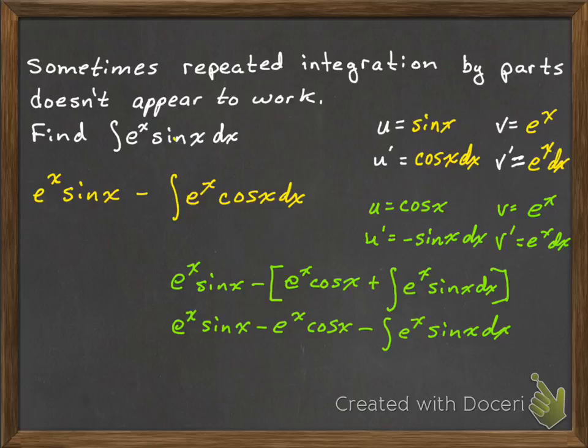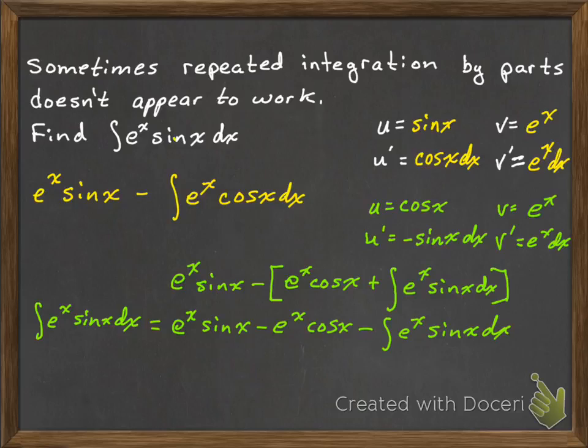So what we can do to eliminate that is remember that this right here is equal to this. Remember, this is equal to, and then the integration by parts was this stuff right here. So this is equal to the integral of e to the x sine x dx.